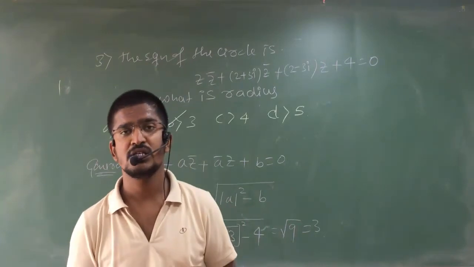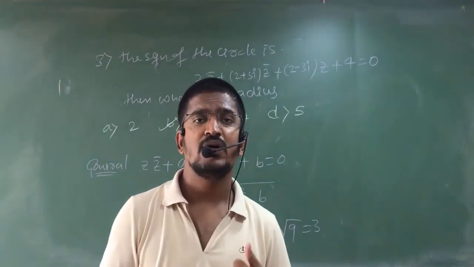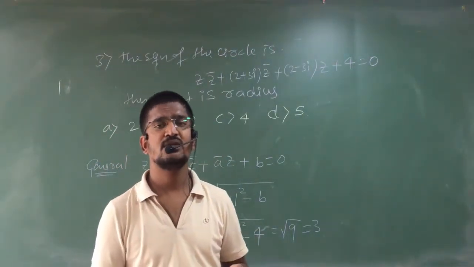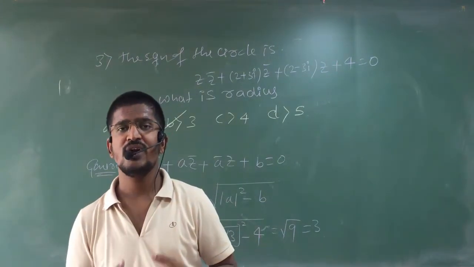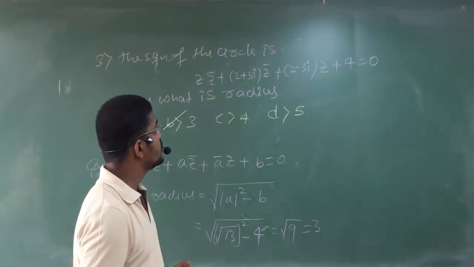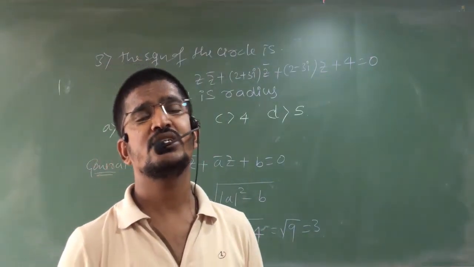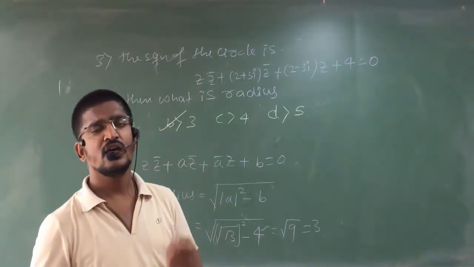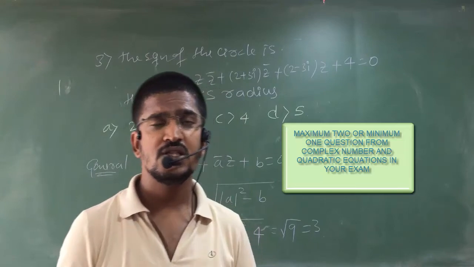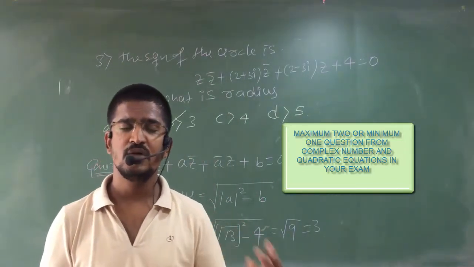Clear, students? So for that reason, don't neglect complex numbers and quadratic equations, and don't feel they are very easy. Why am I explaining this? Because in this topic I have solved so many concepts on complex numbers and on quadratic equations. So I am telling you, there will be 1 question from complex numbers and 1 from quadratic equations. If both come, you are lucky.